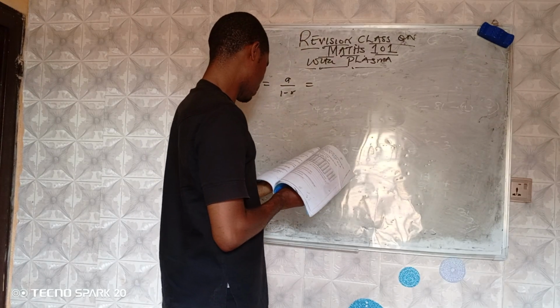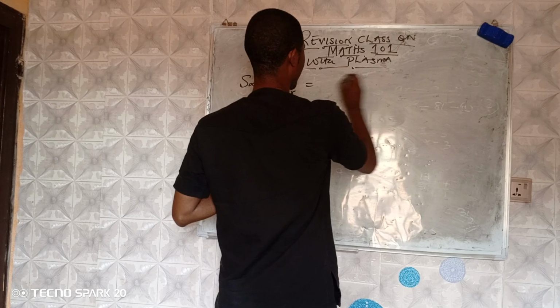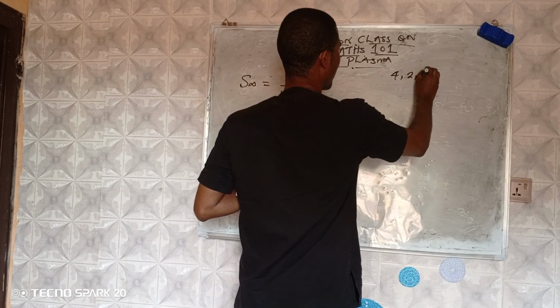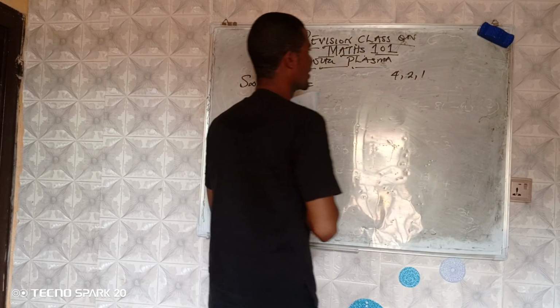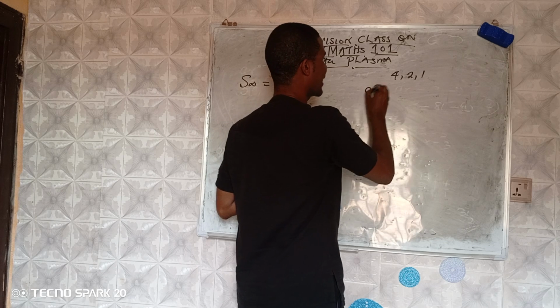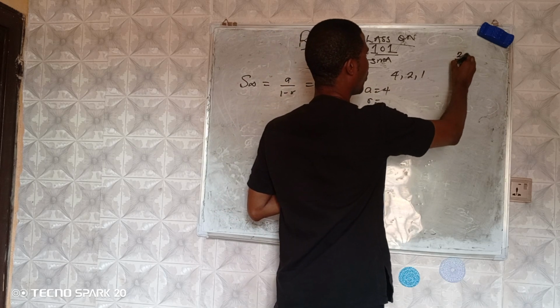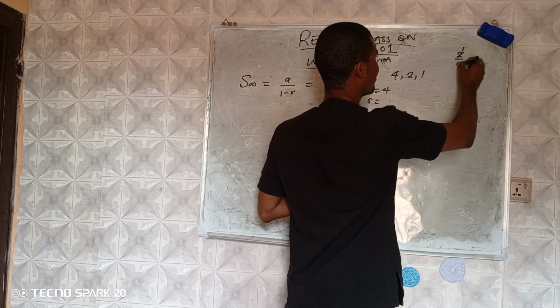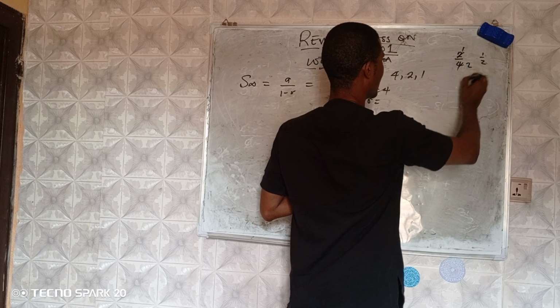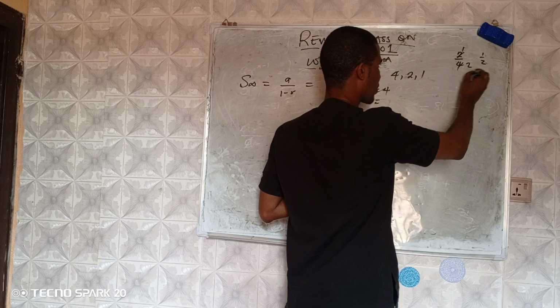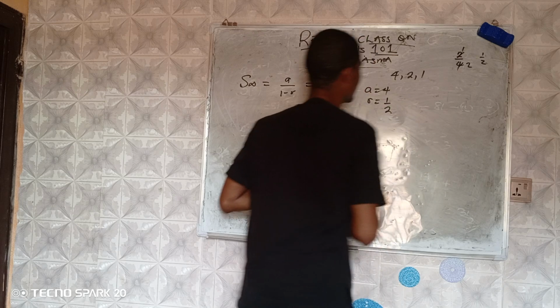The GP is 4, 2, 1. So if this is a GP, then my a here is 4. My r will be 2 over 4, which will give me 1 over 2. So my r is 1 over 2.